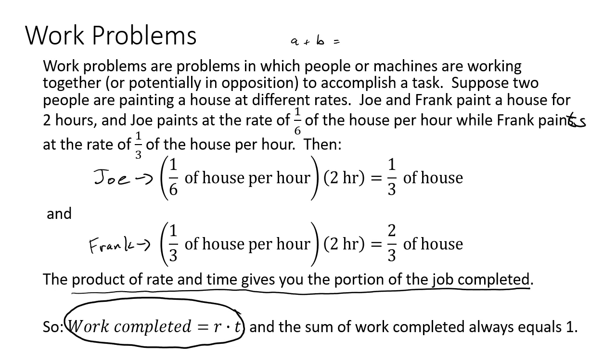In the case of work problems, we're going to assume that they're finishing the job, so the sum of work completed is always going to be equal to 1. Together, they painted the one house that they were looking to paint. So rate times time gives their portion of the job completed, and the sum of the work done should always be equal to 1.